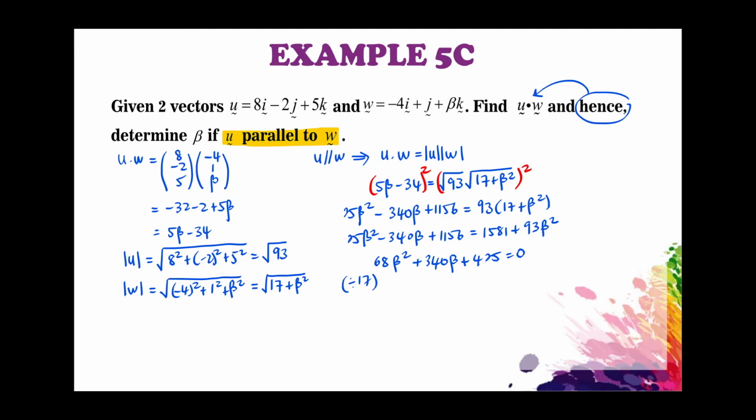So we're going to have 4 beta squared plus 20 beta plus 25. So we can factorize, which is (2 beta plus 5) squared equal with 0. So directly we have beta equal to negative 5 over 2.